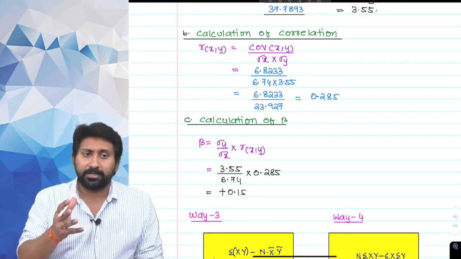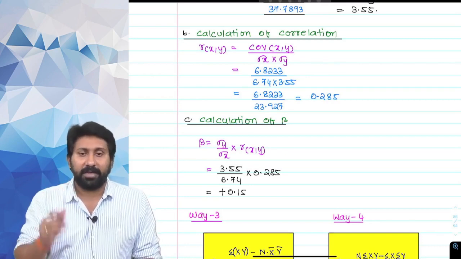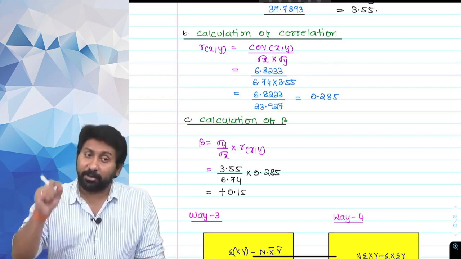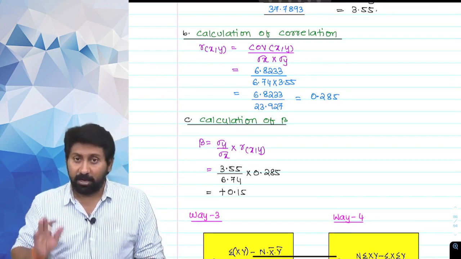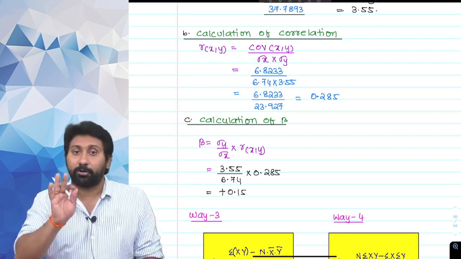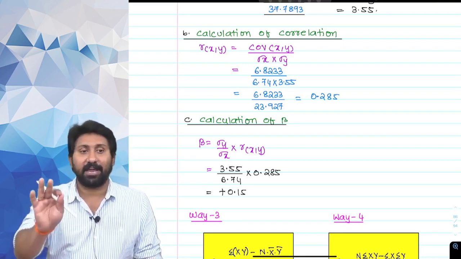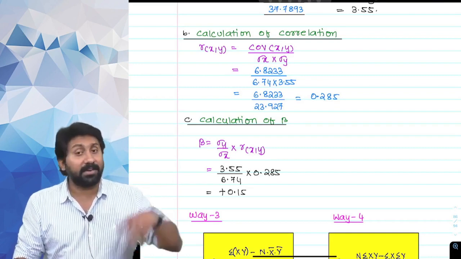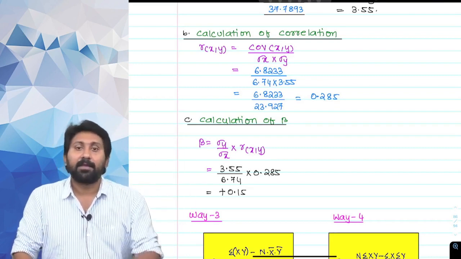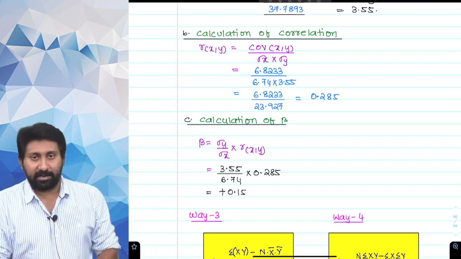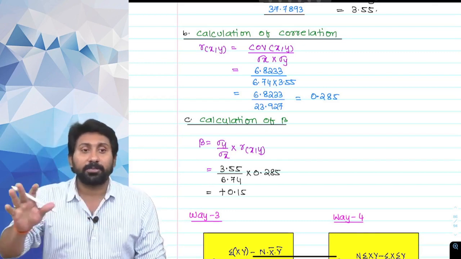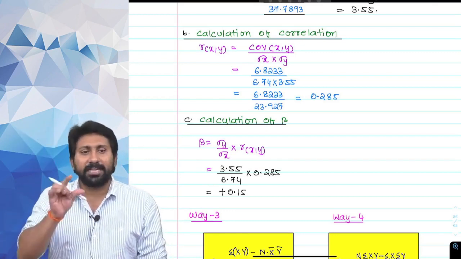But how much positive? 0.285 means if the market increases, the security also increases, but not 100 out of 100 times. It is true 28.5 times in every 100 times. But the remaining 72 times, what will happen? They are not correlated with each other, which means it is not responsive to the market. So, least correlated.